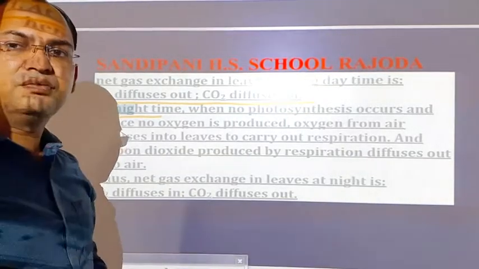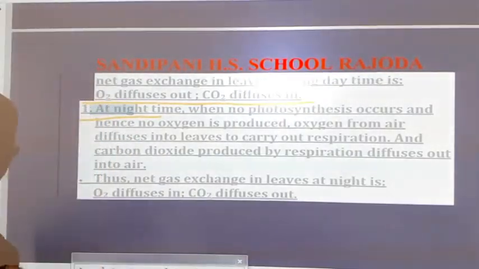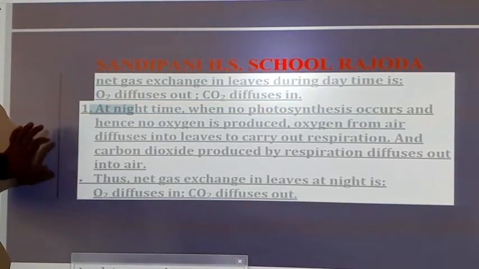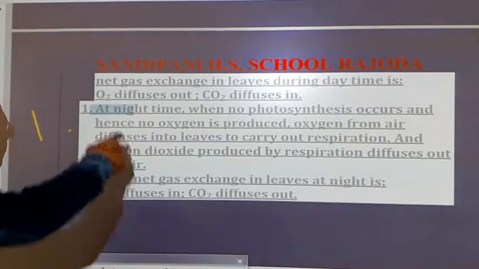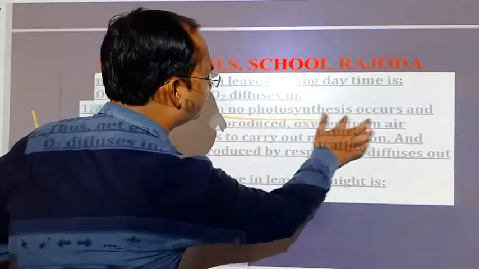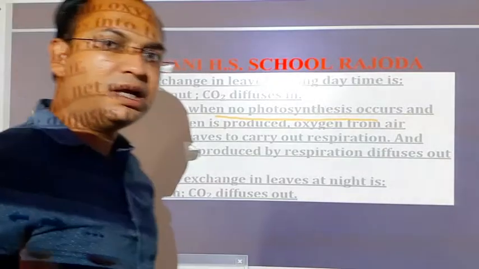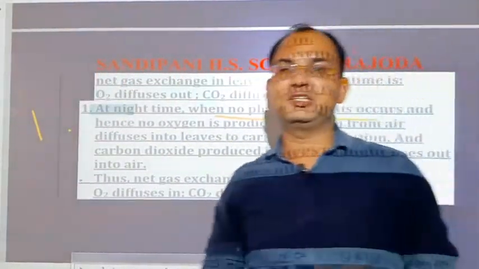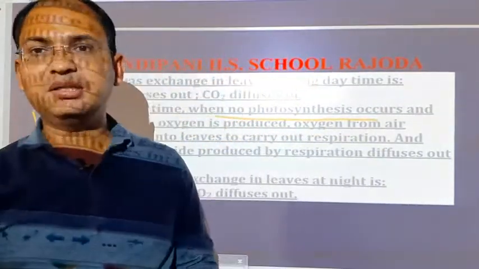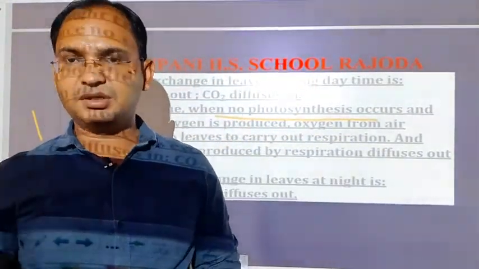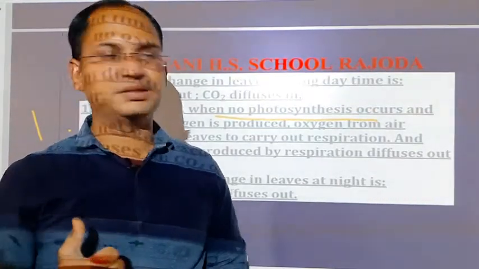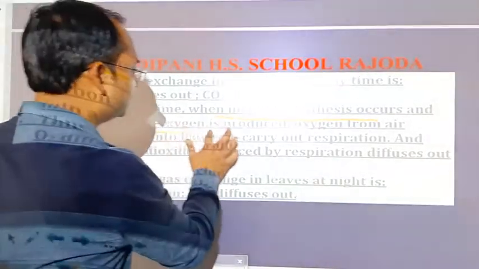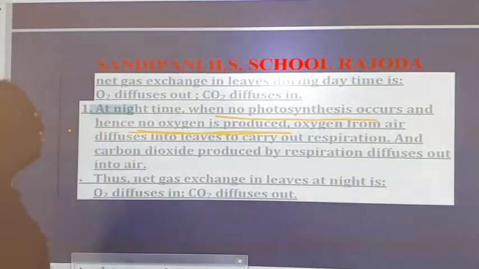Now see what happens at night time. At night, no photosynthesis occurs because there is no sunlight, so only the process of respiration takes place. There is no production of oxygen, only utilization of oxygen.